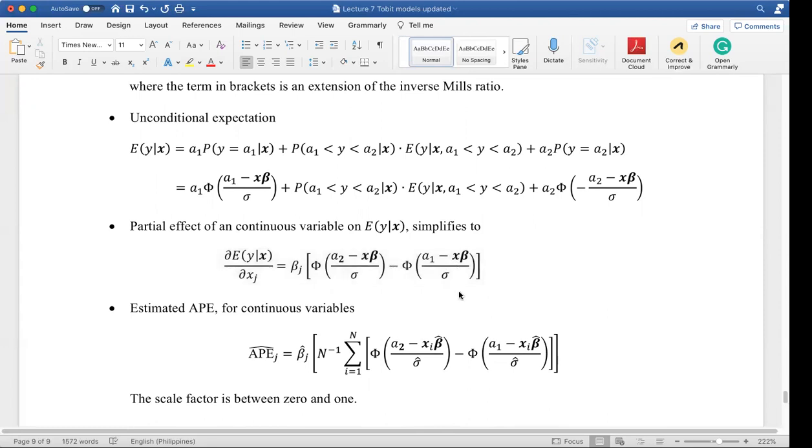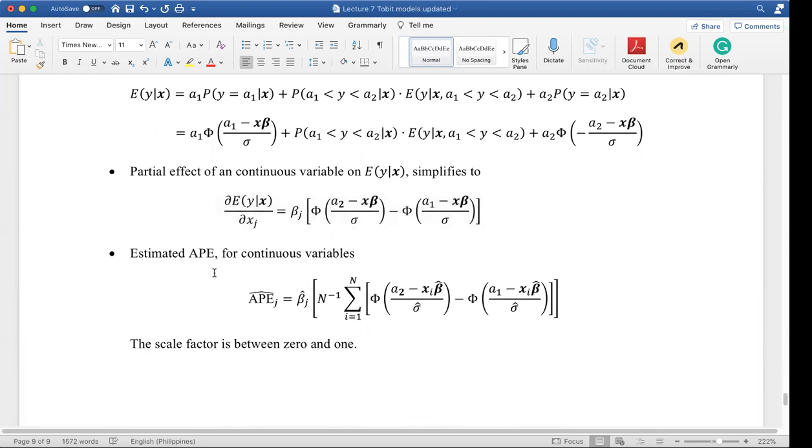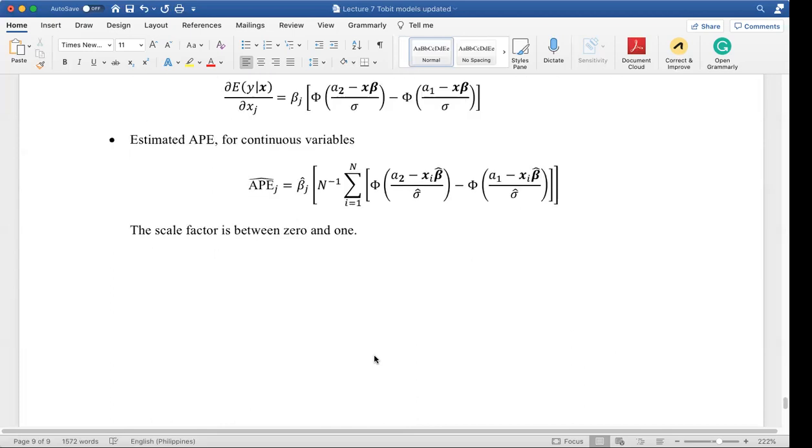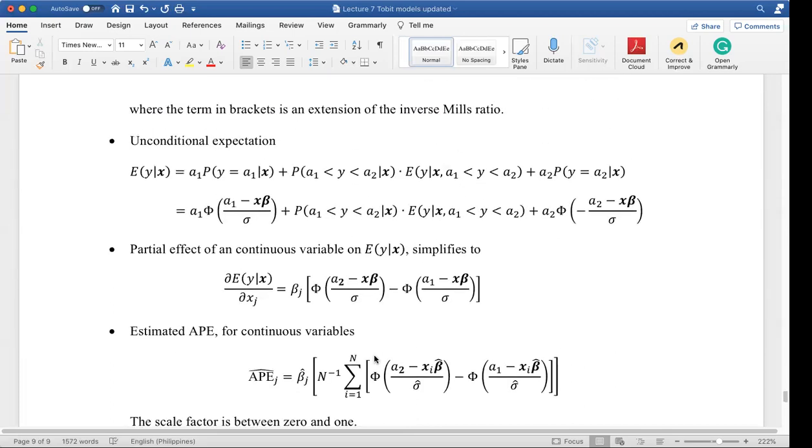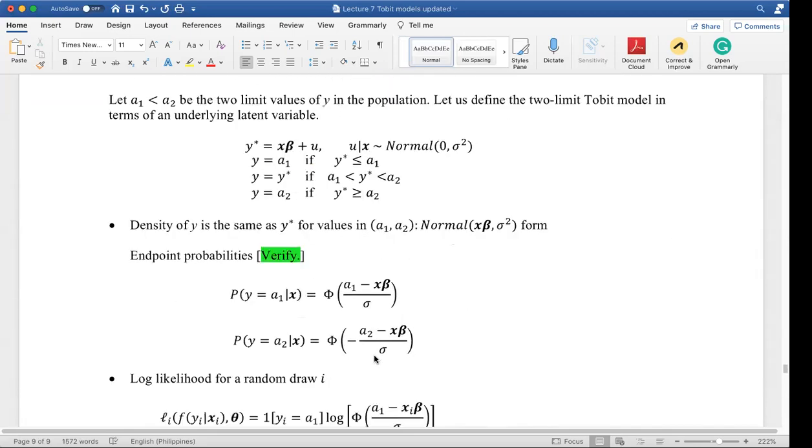How about the estimated average partial effect for continuous variables? Then you have this expression. Note again, you have the scale factors, which are between 0 and 1. So that's the two limit Tobit model.